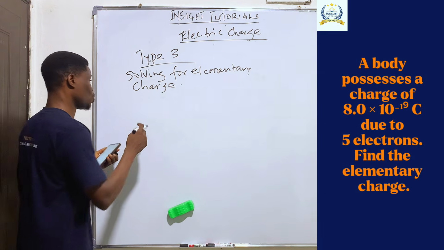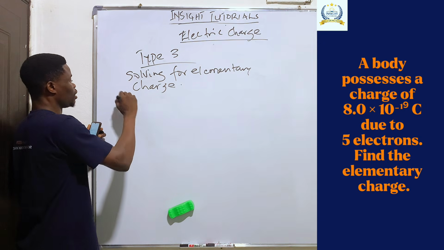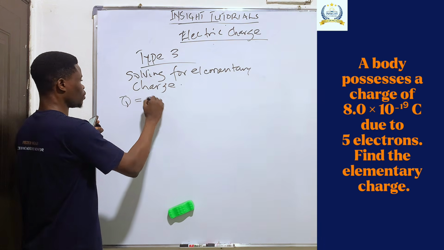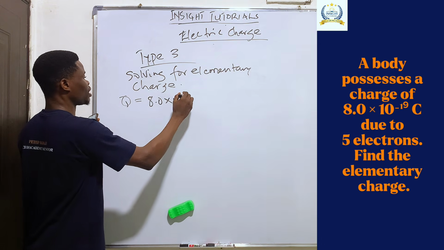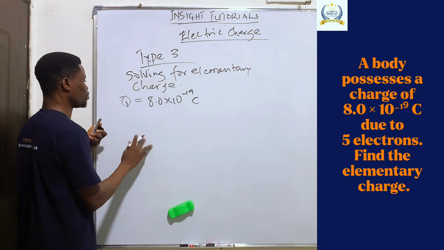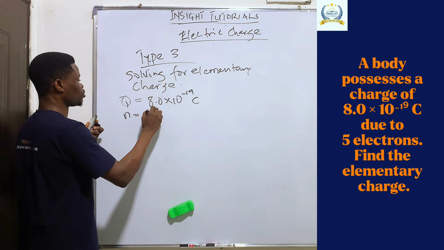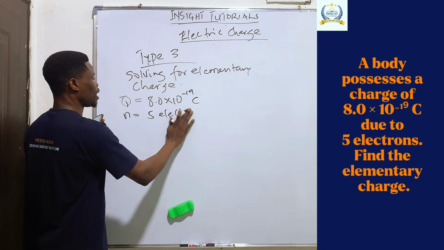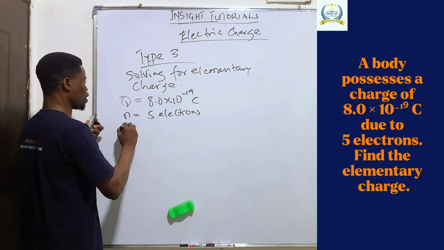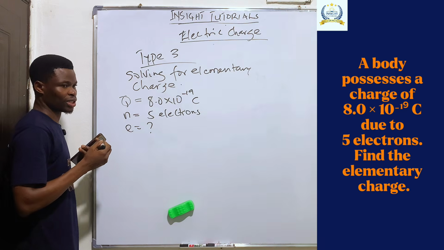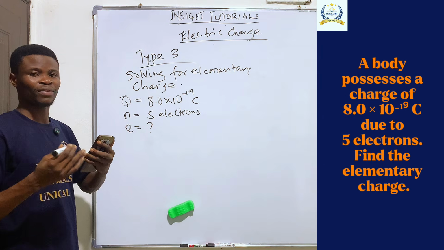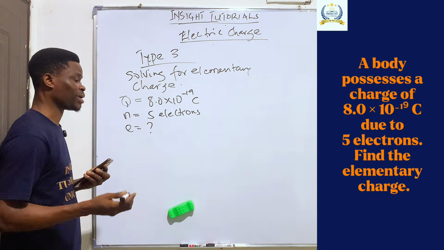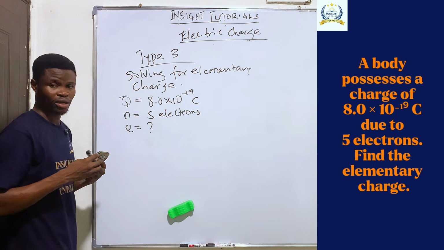In respect to that question, we were given a total charge of 8.0 times 10 raised to the power of minus 19 coulomb, and we're given the number of electrons as 5. We are asked to find our elementary charge. We should solve in such a way that we arrive at the constant of 1.6 times 10 raised to the power of minus 19 coulomb, which is the constant for elementary charge.